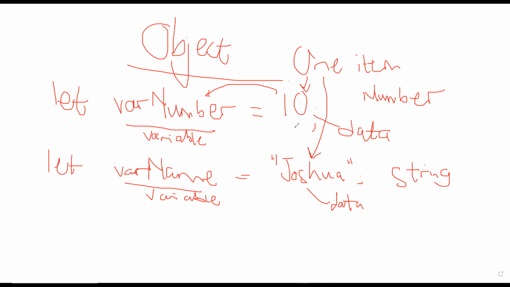And if I want to call this data, either this or this string, all I need to do is just to call the name. For example, maybe console.log var number.